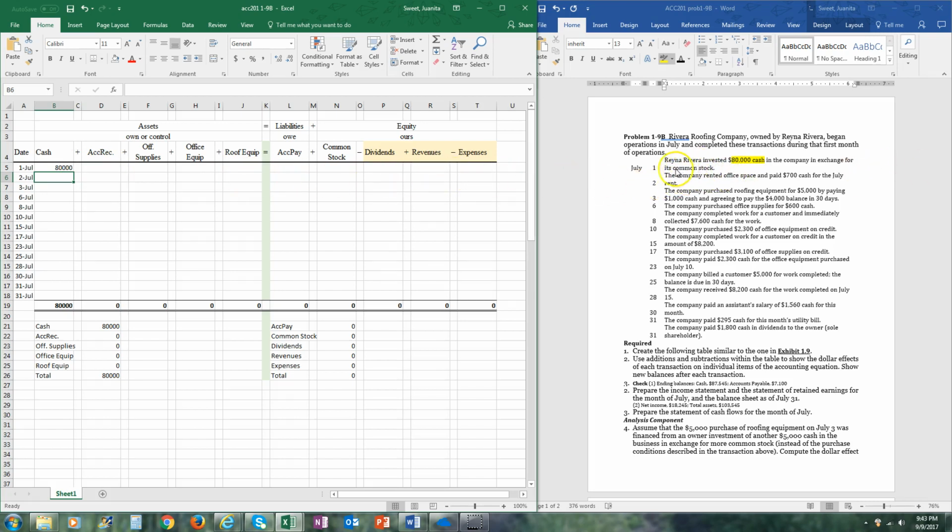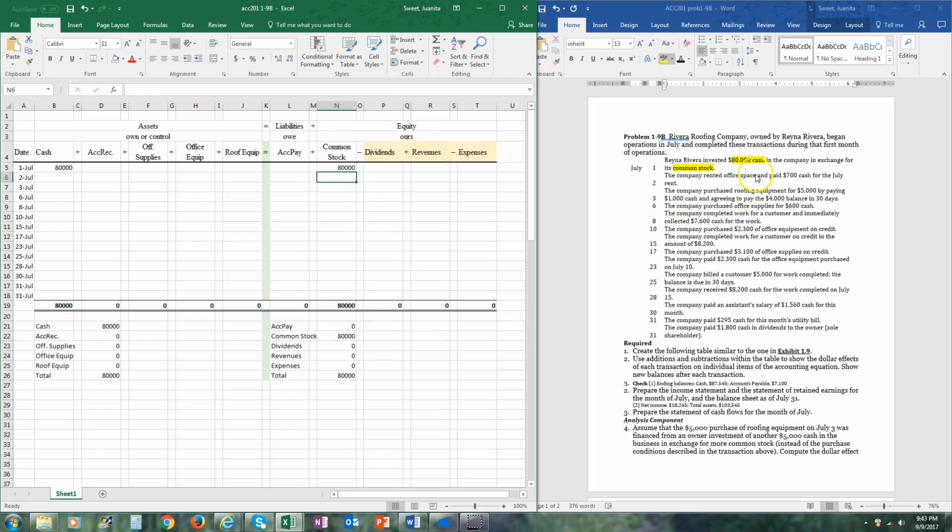It was in exchange for common stock. So we have to balance the equation. Here's the common stock, which is our equity account. We put 80,000 on that side. So we'll see that we have 80,000 on the asset side and 80,000 on the liability and equity side.